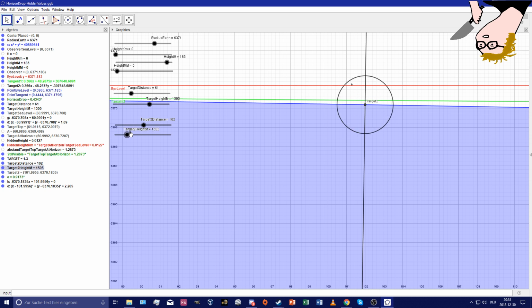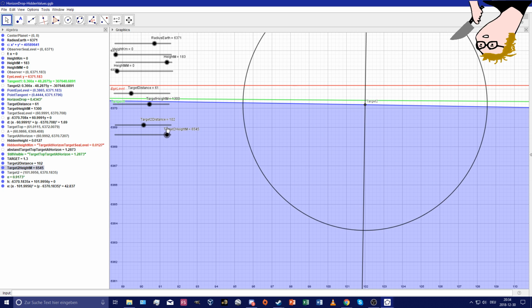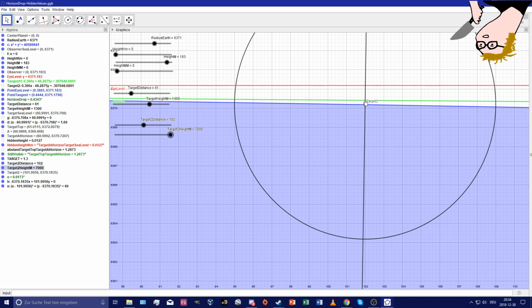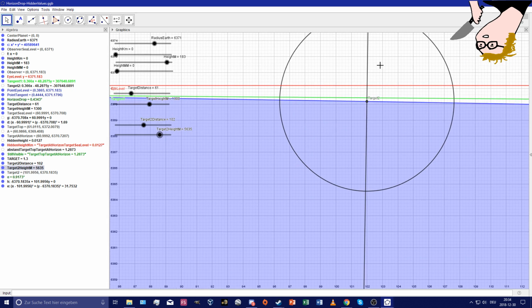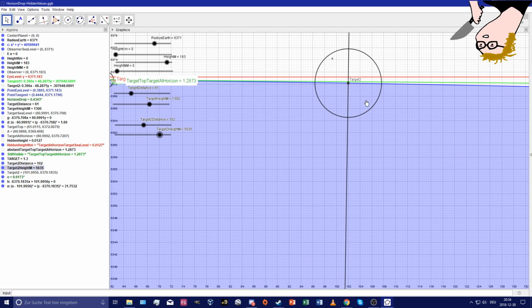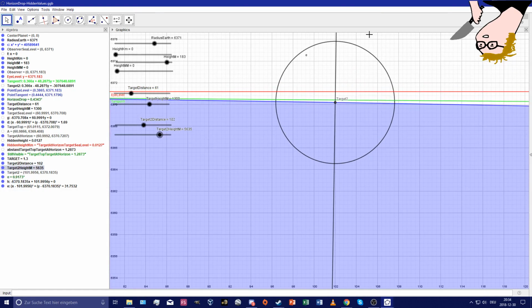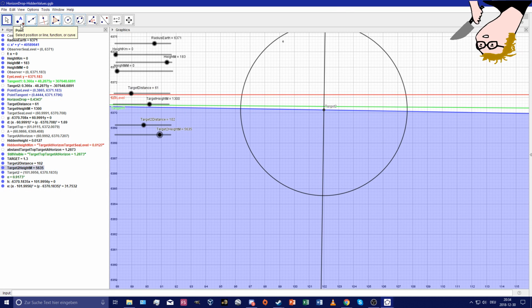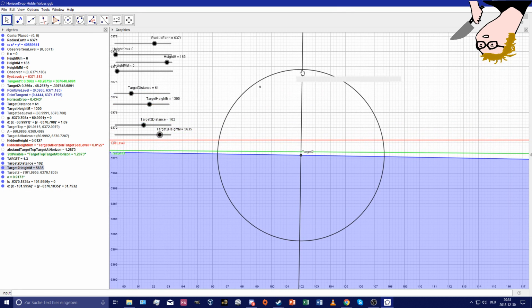And we're gonna get this. So when it's set to 7,000 meters, the distance between here, 102, and here, 95, is approximately 7,000. So this one is fitting perfectly. And this is actually the reason why there was a circle around the other target as well. So obviously then this is our target top.